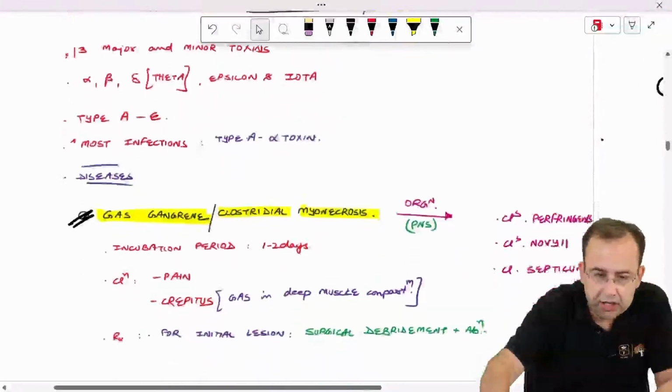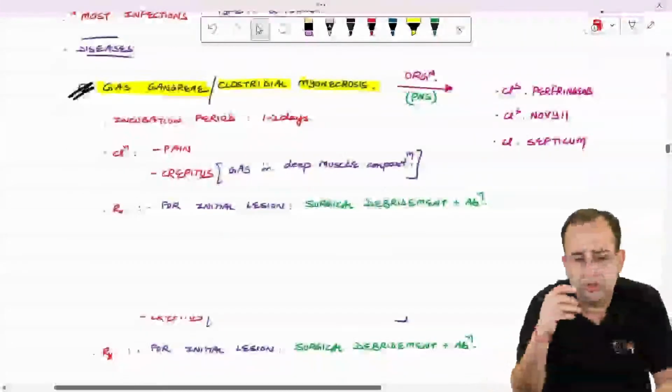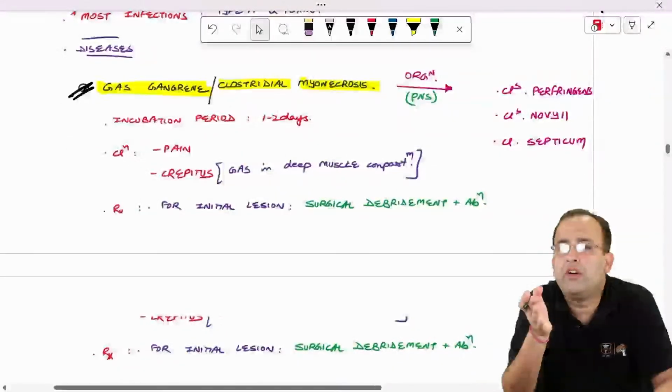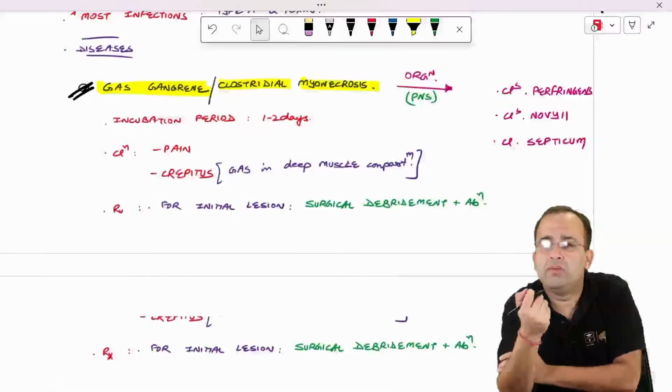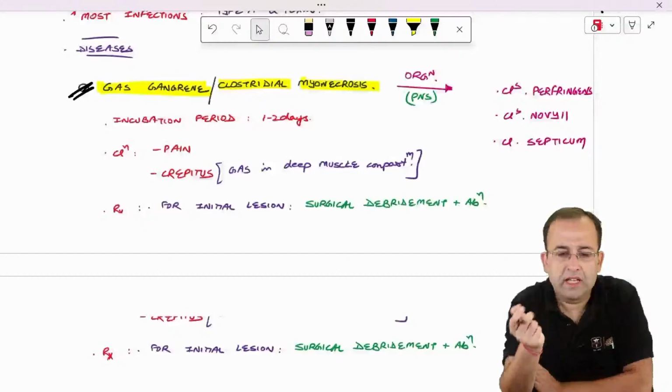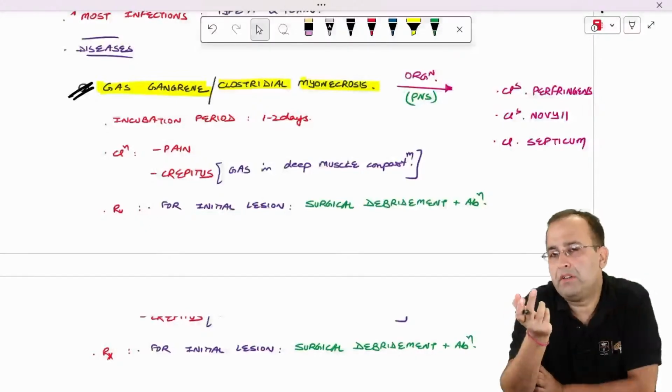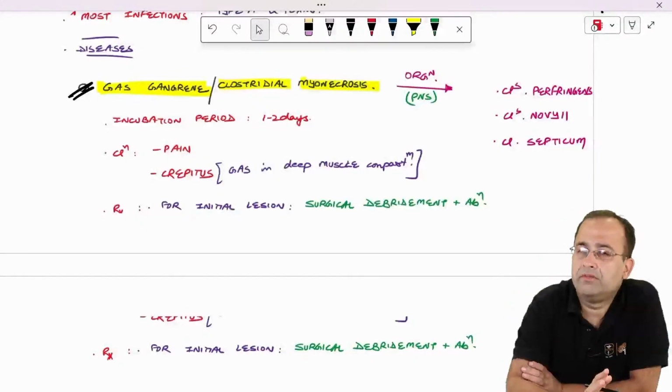You can be given a history also: a patient who, after developing a wound, developed pain and crepitus in that particular area. That is gas gangrene.